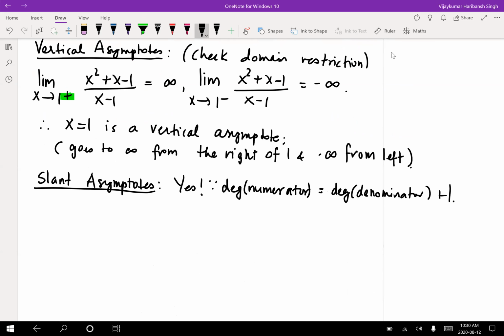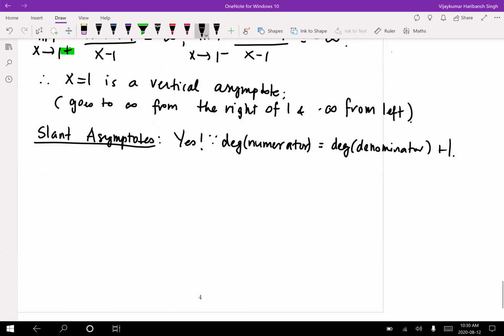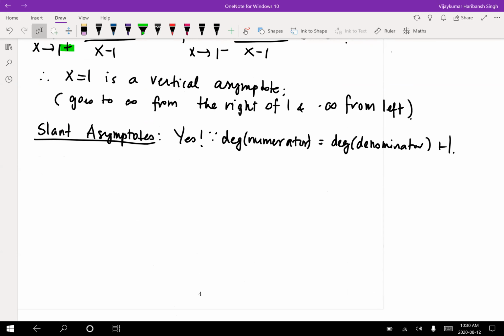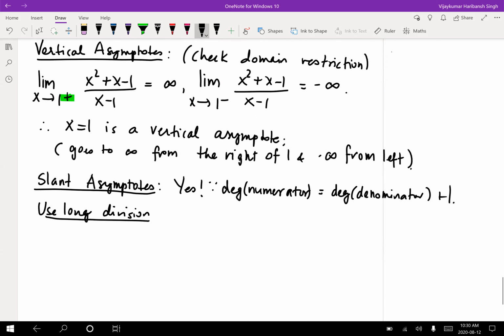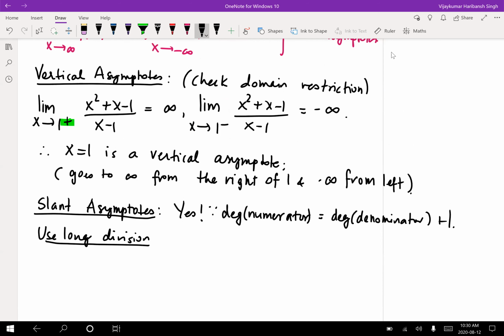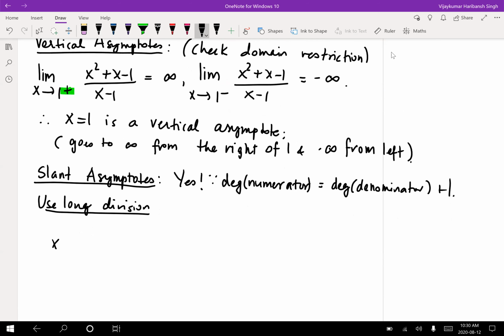Let's see how that helps. How do we find the equation of the slant asymptote? Use long division. So we have x squared plus x minus 1 upon x minus 1. Let's divide and see what we get.